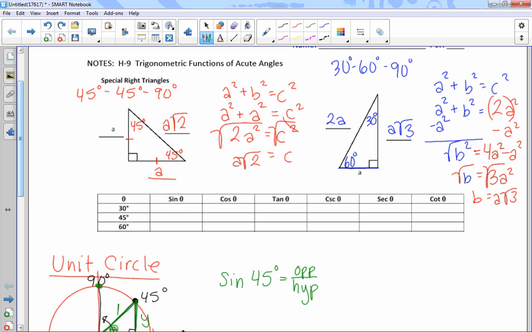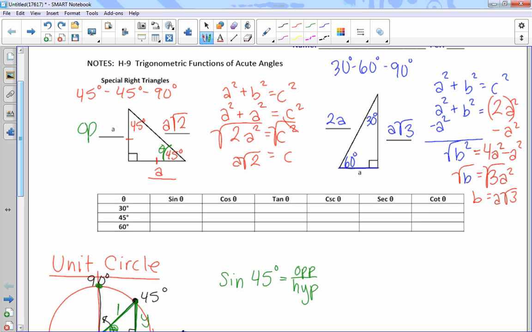You must always label a reference angle. Since we have 45 degrees, we can use either one. I'm going to use the one at the bottom. There's theta. Whenever you're using SOHCAHTOA, your first task is to label. Which side should I label as opposite? Yeah, this one.